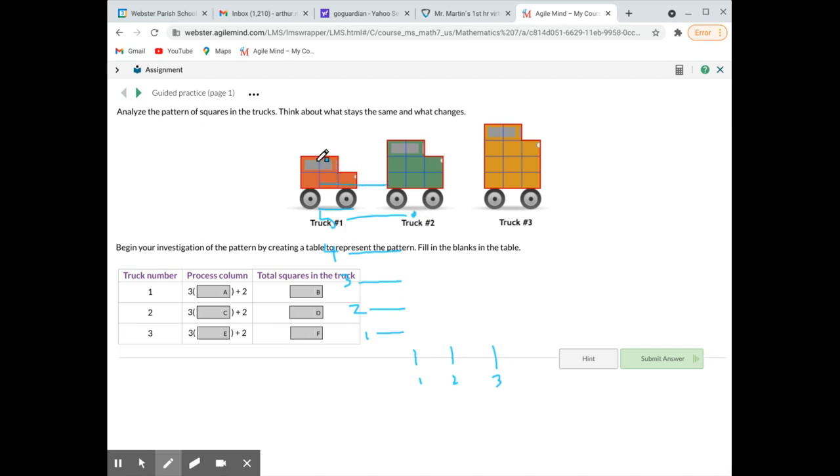If we kept going up, 6, 7, 8, that'd be 8. And then 9, 10, 11. Would that make a straight line?